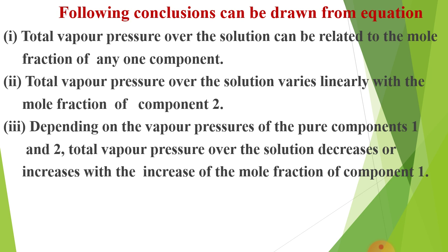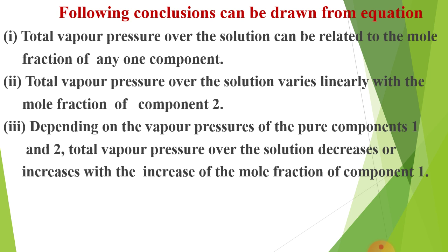First, the total vapor pressure over the solution can be related to the mole fraction of any one component, either x1 or x2. Second, total vapor pressure over the solution varies linearly with the mole fraction of component 2, that is x2.